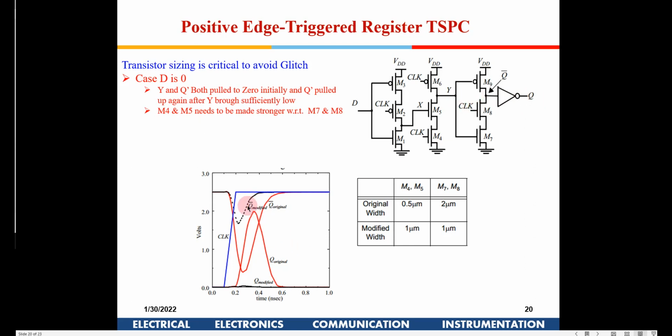If you don't want even this much fall, then you can increase the size slightly more than M7 and M8. Even if you keep it equal, there will be a small glitch at this node, but that doesn't get transmitted at the output. So this is a thing which you have to take care of while doing the sizing of the TSPC registers.